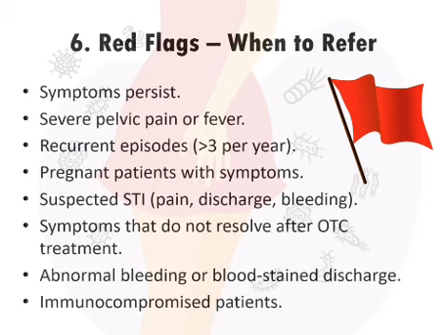When should we refer the patient to a doctor? If they have persistent symptoms, severe pelvic pain, recurrent episodes of vaginal issue which is more than 3 times within the year, pregnant patient with symptoms, suspected STI problem, for example pain, discharge, bleeding, symptoms that do not resolve even after OTC treatment, abnormal bleeding or blood-stained discharge.